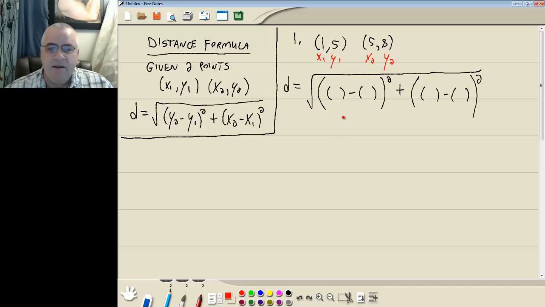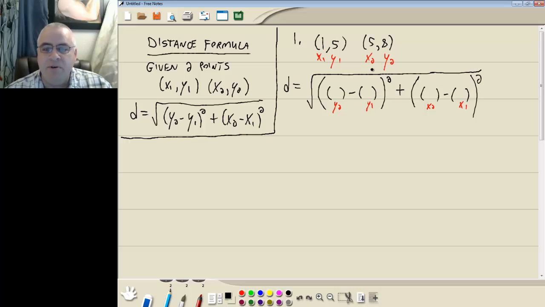Now this was y2, so I'll label down below here, and this is y1, and this is x2, and this is x1. Now if you put this form down each time you do the distance formula, you can't mess up on where to put things, because you can just match things up real easy. And the extra parentheses you see in here will help eliminate sign errors.